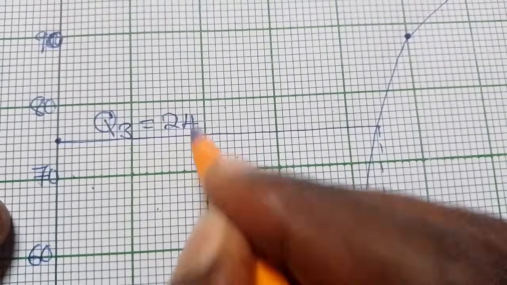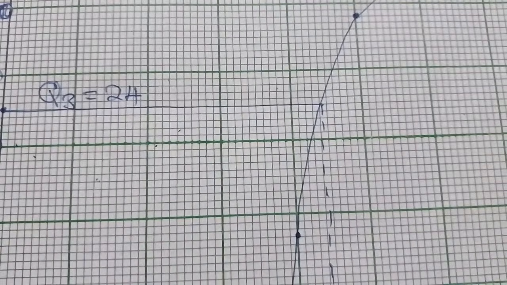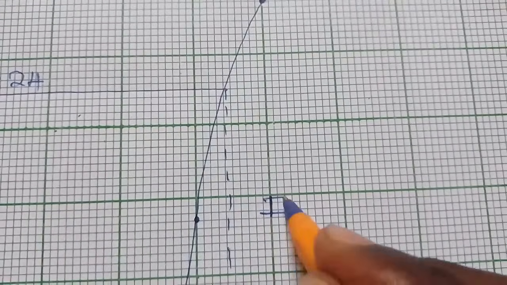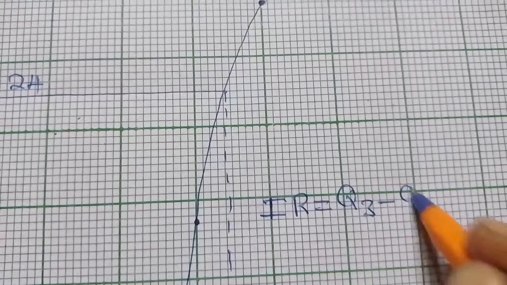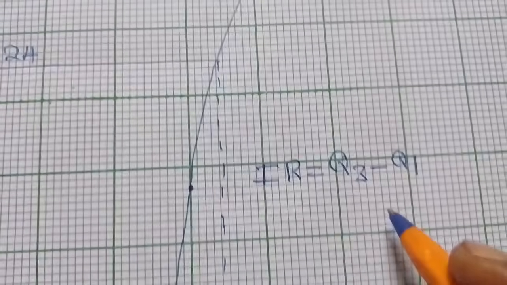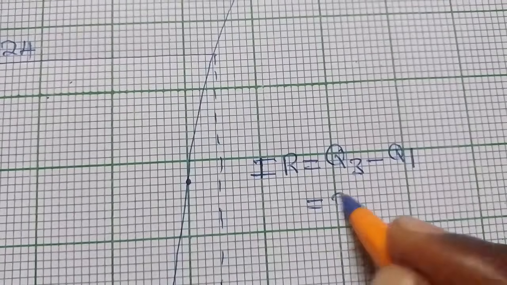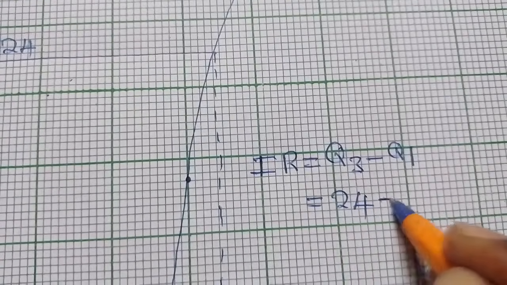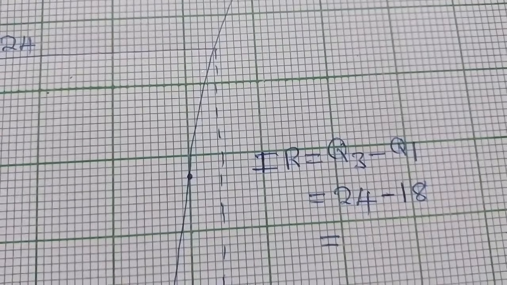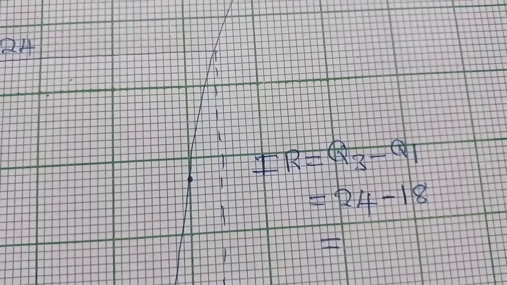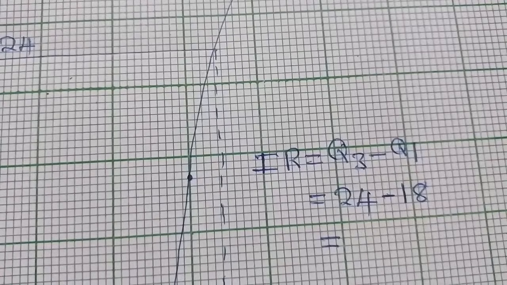Then you find the difference now. You just say interquartile range is equal to Q3 minus Q1, where this one is equal to 24 minus 18. What will be your answer? 6.